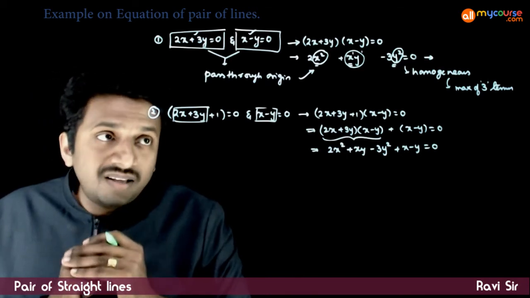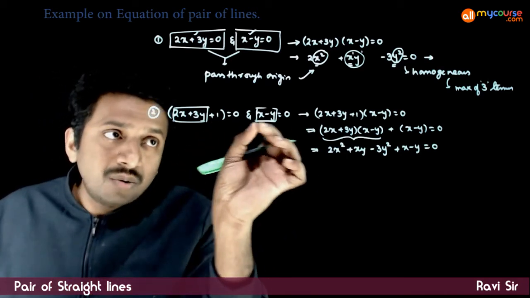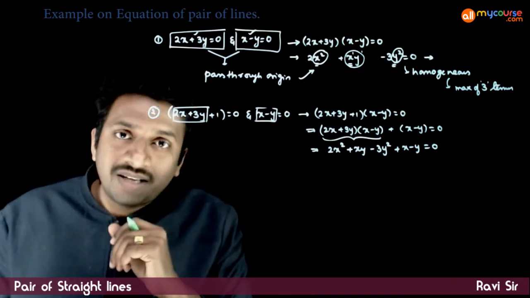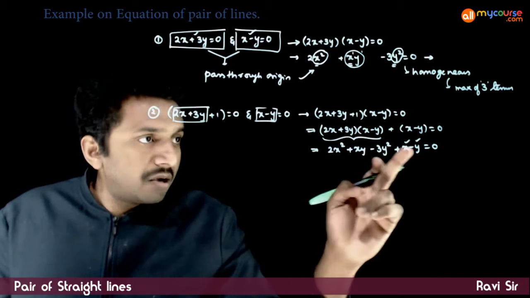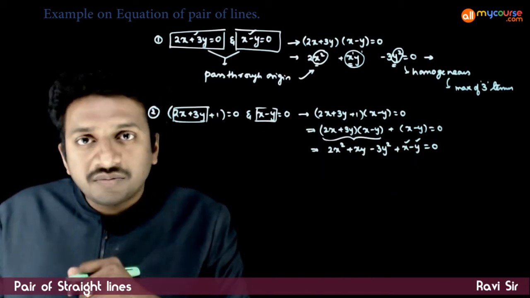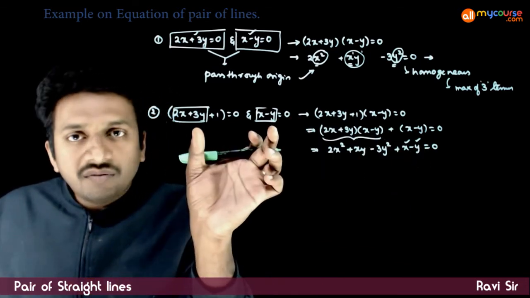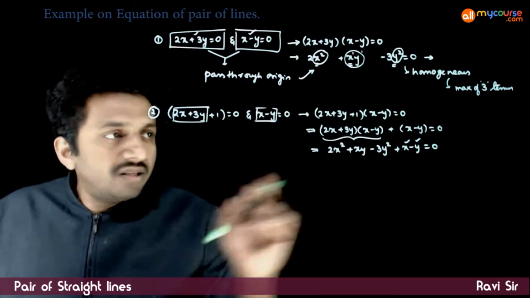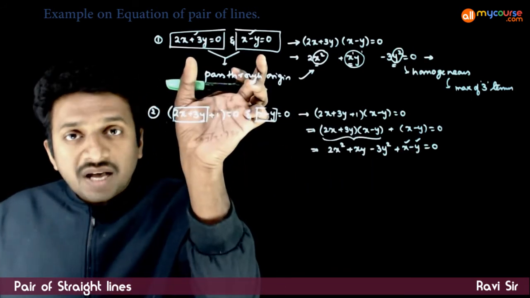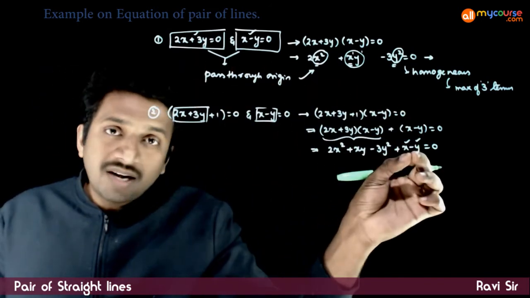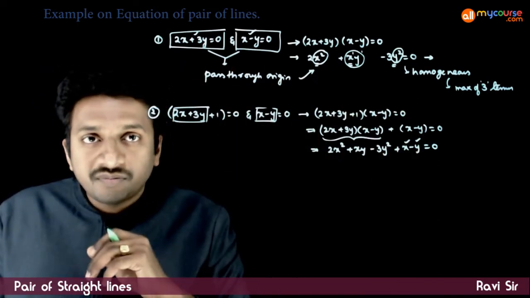So as you can see, if one line passes through origin and the other line doesn't, you have extra x and y terms now, but the constant term is still equal to 0. If either one of the lines passes through origin, the constant term will be equal to 0. If both lines pass through origin, the x and y terms are also equal to 0.